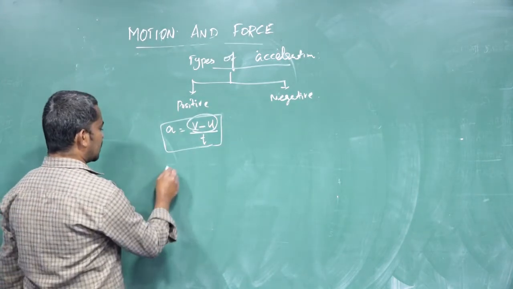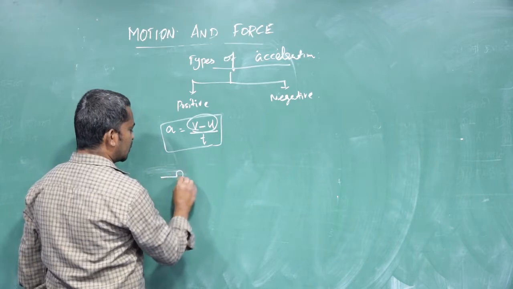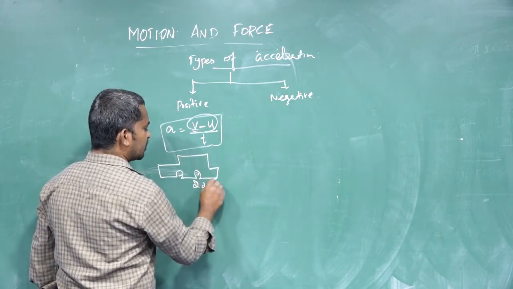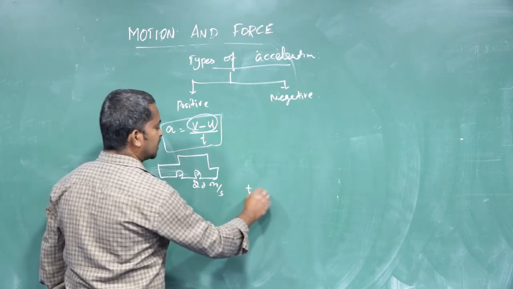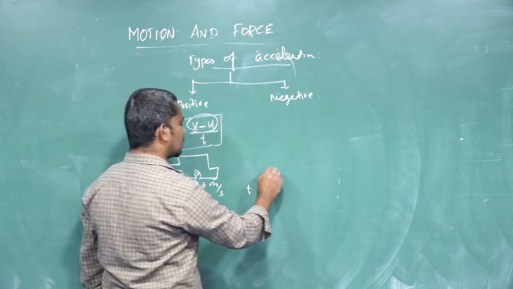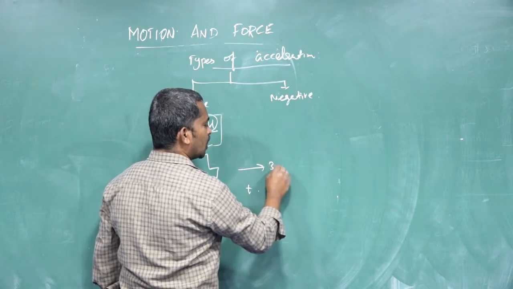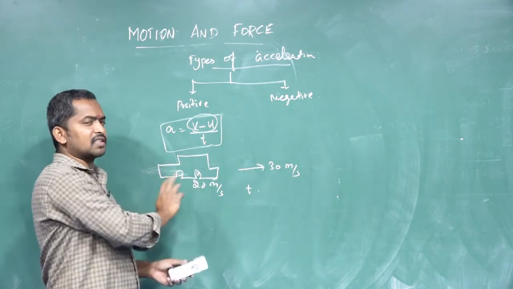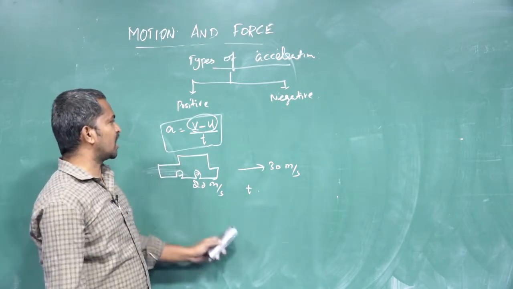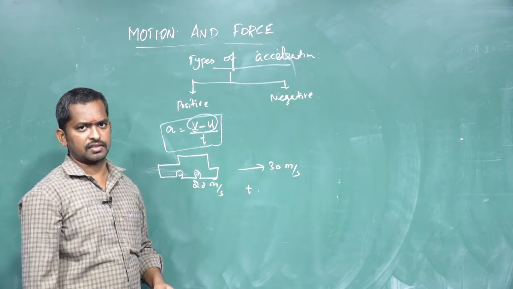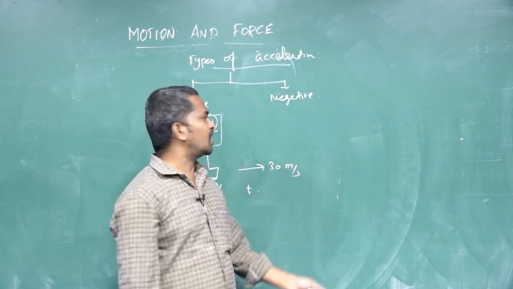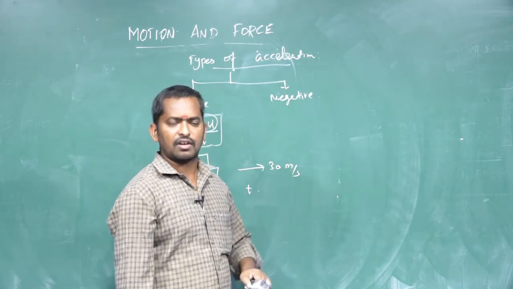Which means initially the initial velocity of the car is 20 meters per second. After time t, the car attained 30 meters per second, the final velocity. The change in velocity decreasing with respect to time is called negative acceleration or retardation.